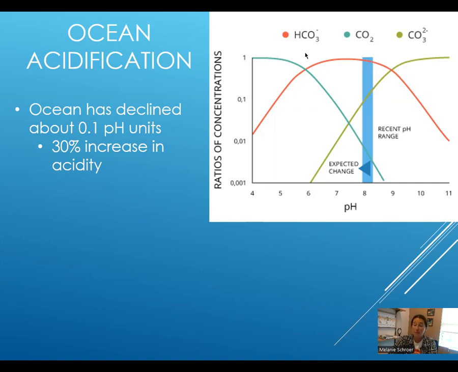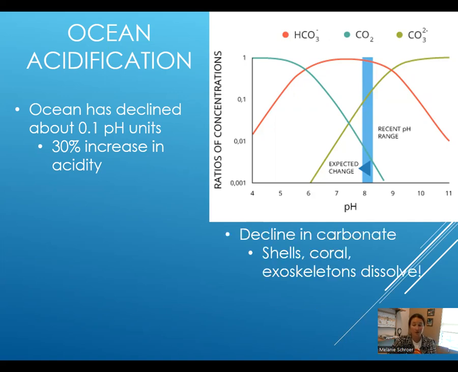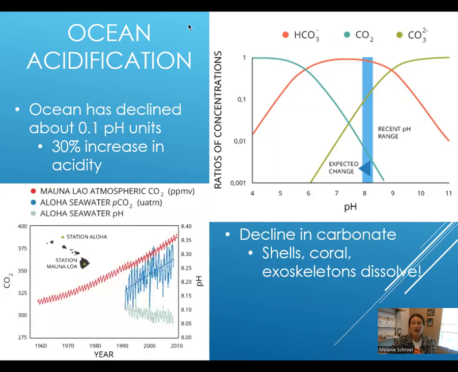Because bicarbonate is buffering this pH. Okay, so a decrease in carbonate, and therefore, as I just said, a softening of shells within the ocean. And so we have seen this, we have recorded data that supports this.